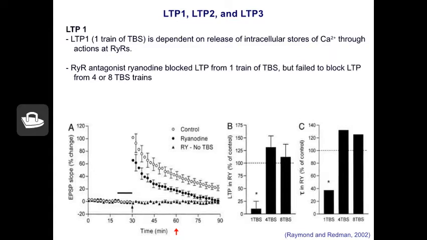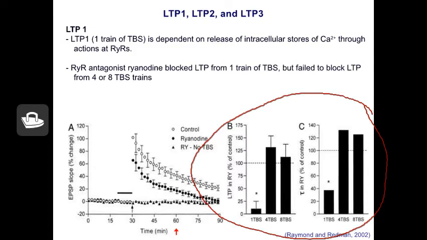So Raymond and Redman found that ryanodine blocked LTP1. They also tested ryanodine in LTP2 and 3, shown in the bar graphs over on the right.